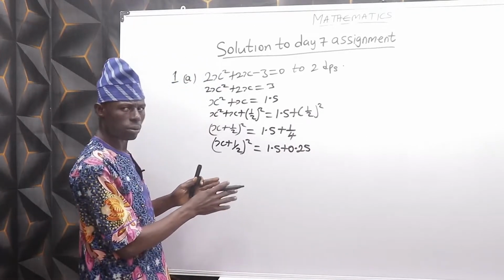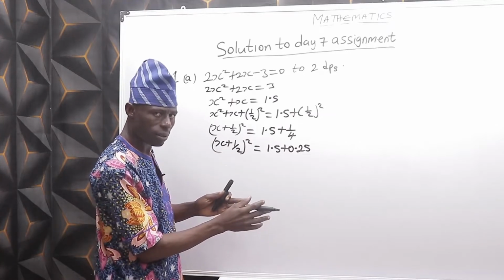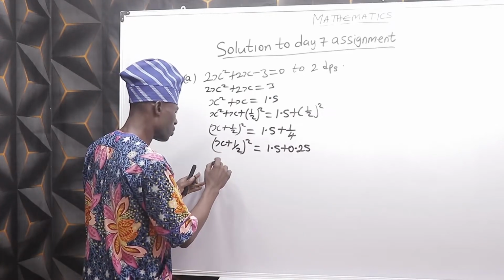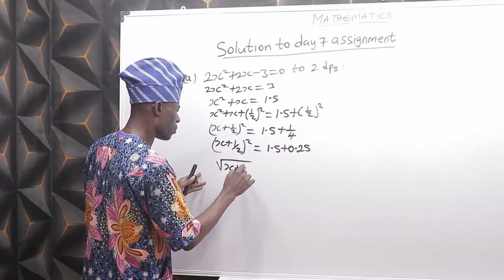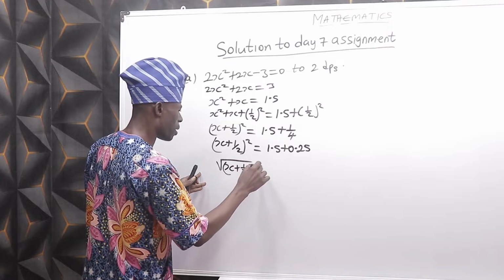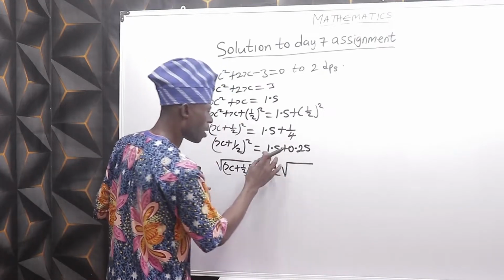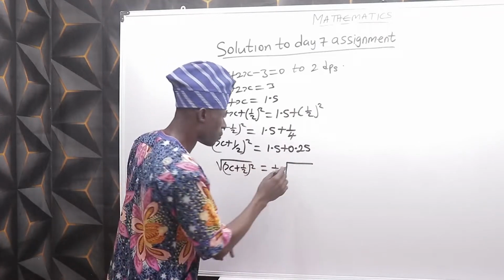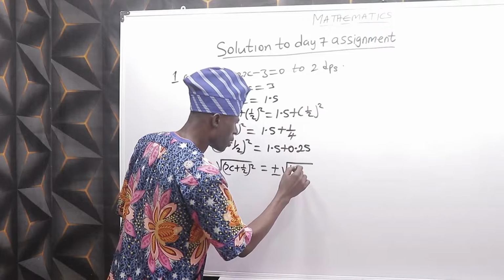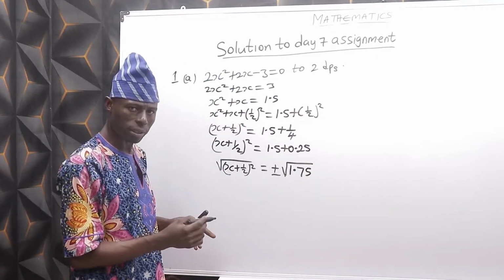At this level, take the square root of both sides, such that the square root of x plus half all squared will be equal to plus or minus the square root of the addition of this, 1.5 plus 0.25, that is 1.75. I hope you are following.